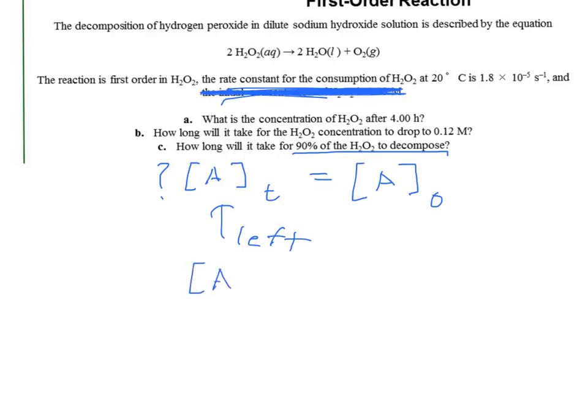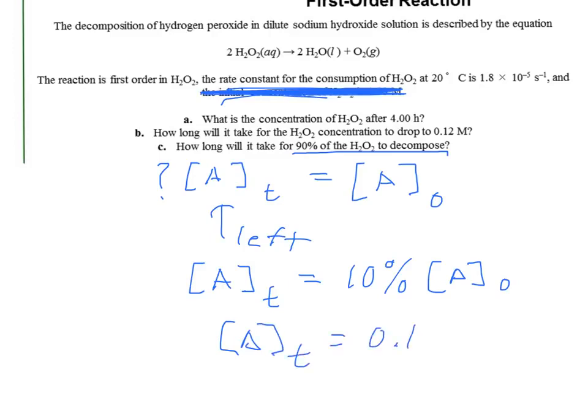So that means that our concentration at time t is going to be 10% of A sub 0, or we could think of it as 0.1 times our initial concentration. If we know that relationship, we can work this problem because of the wonderful nature of the first order integrated rate law.